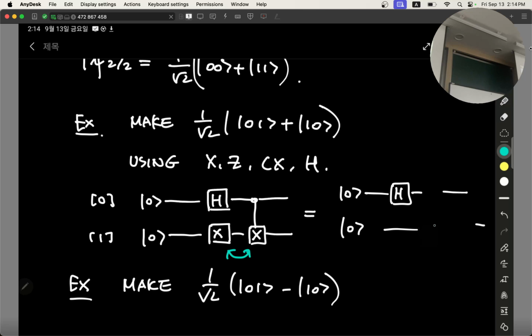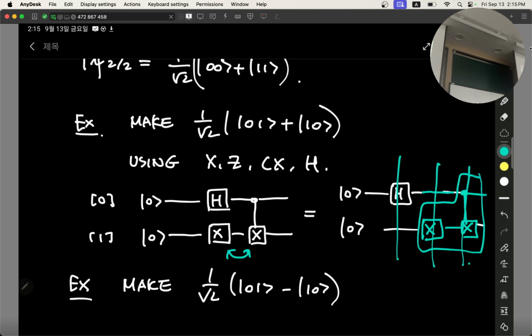It's same as this. So you first take the Hadamard and then take the X on the second qubit and then take the controlled X. But now the problem is, is it okay to switch the controlled X and X gate here? It's allowed because the X gates are on the target qubit.